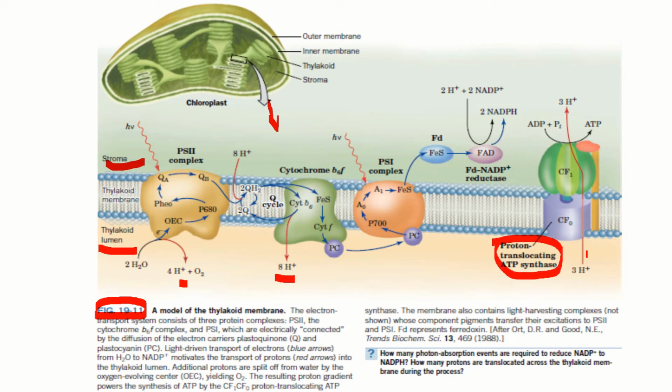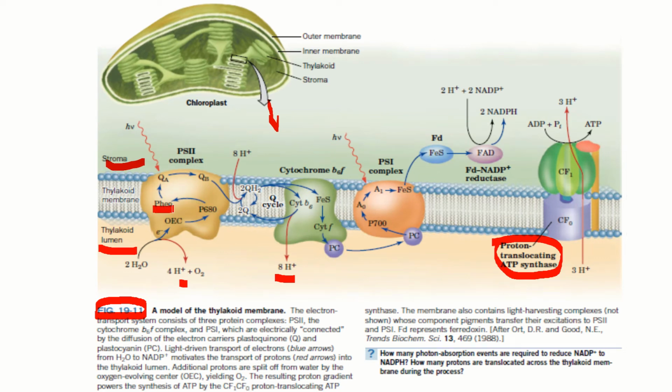You know that when the protons are being transported like that, when they are diffused like that, ATP is being synthesized and released. Look here, these are the various transporter complexes. One is the PS2 complex. Electrons are being excited and absorbed by P680, pigment 680. From P680, the electrons are accepted by pheophytin.